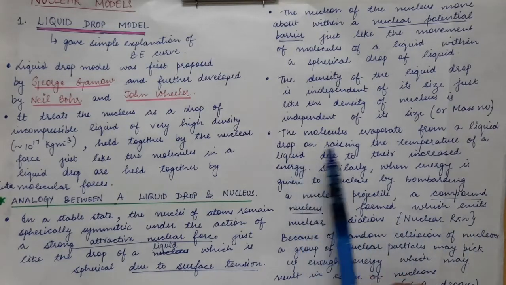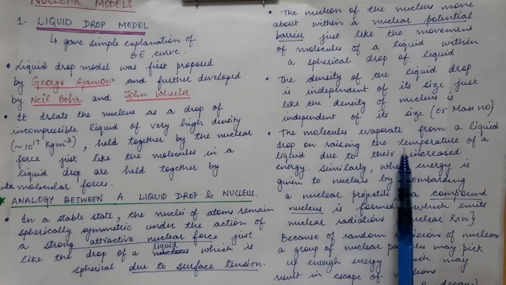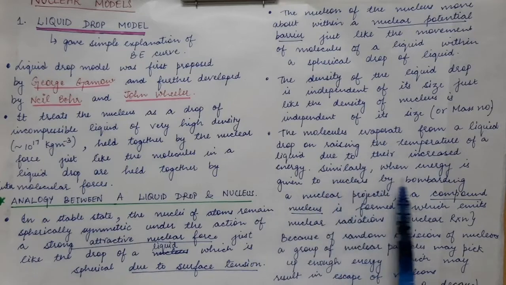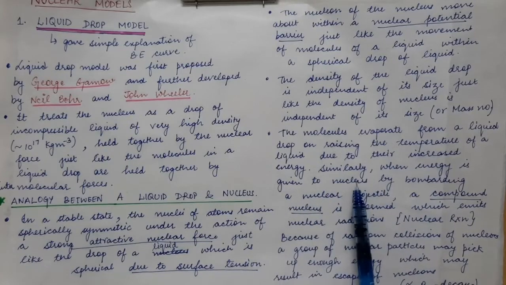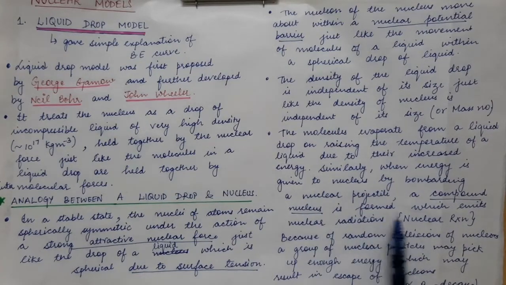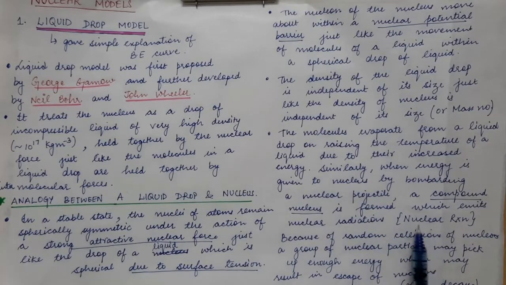So this is the analogy: molecules evaporate from the liquid when energy is given to the liquid, and similarly, when energy is given to the nucleus, a compound nucleus is formed which will then emit nuclear radiation so as to decrease its energy, and this is called a nuclear reaction.